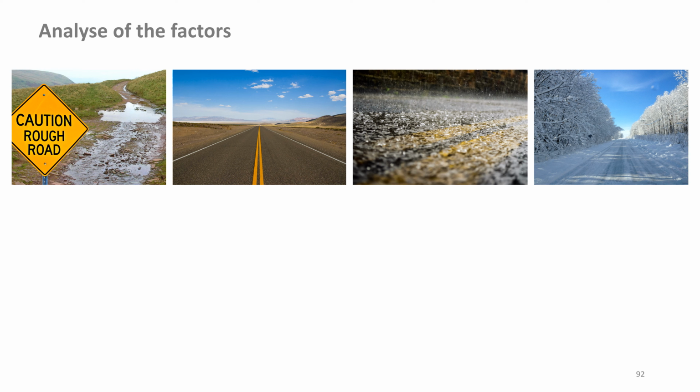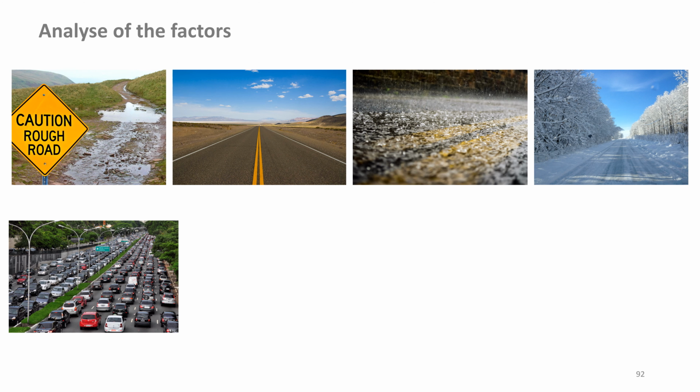Icy roads and aquaplaning present us with enormous challenges. Tough traffic jams can slow down progress, and sudden jams or jams behind curves can be a threat. Pedestrians and cyclists on the roadway can also slow us down.